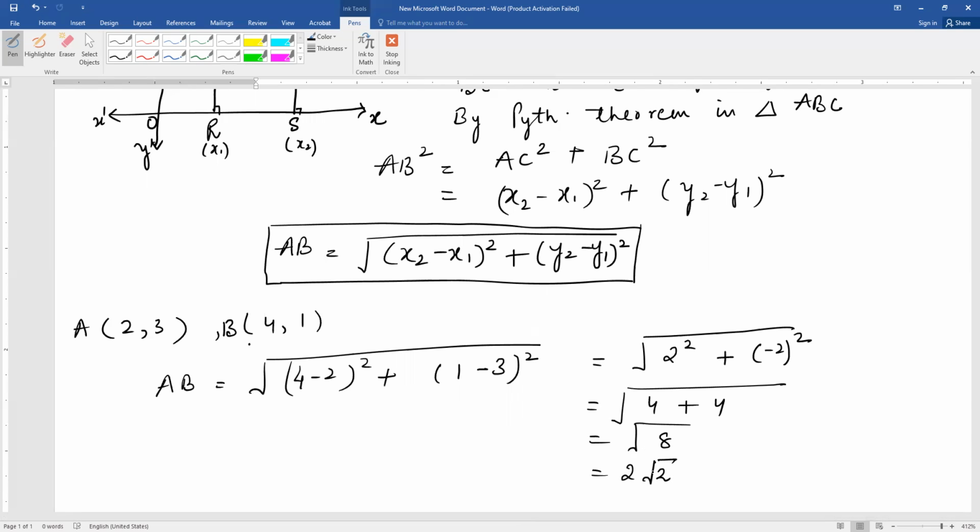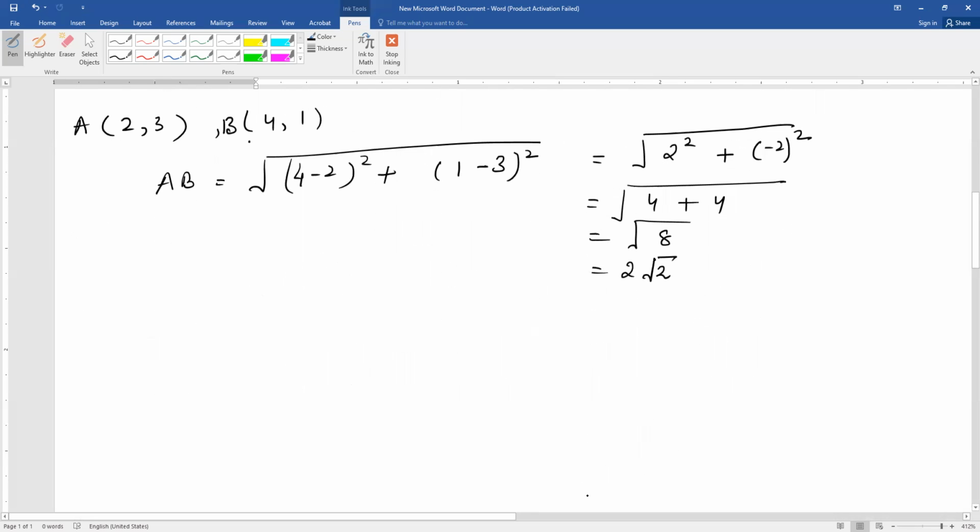I hope you might have understood this application of distance formula. By applying this formula, you can find any distance. Let us take one more example. Suppose you are to find the distance between 2 points, say P is (a, b) and Q point is (minus a, minus b).